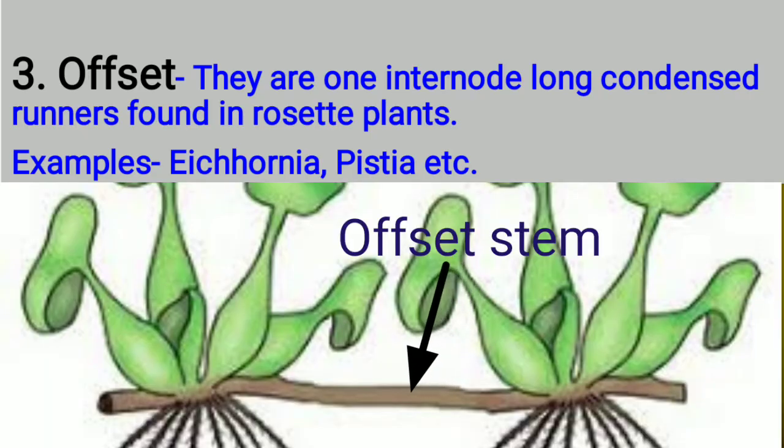And at last comes the offset. Offset is just the same as the runner, but here it is found in the case of aquatic plants, where it is only a one internode long condensed runner, which is found in rosetted plants, and such rosetted plants can be water hyacinth, pistia, etc. Otherwise it is the same as the runner, that it comes out from the lower nodes of the lower leaves and it is only one internode long.